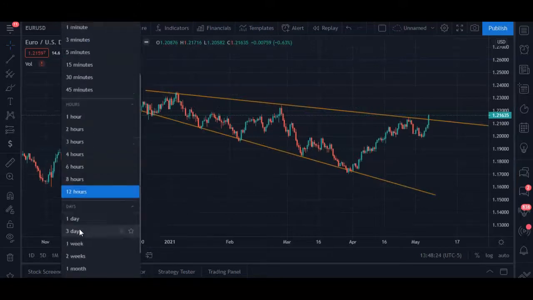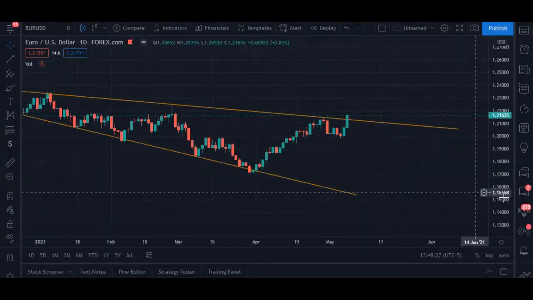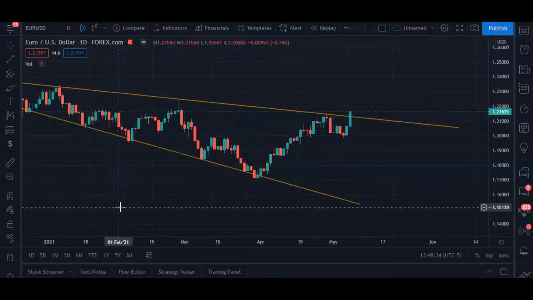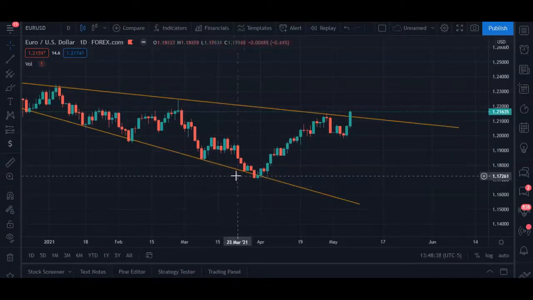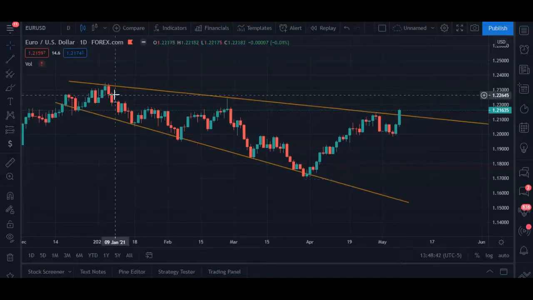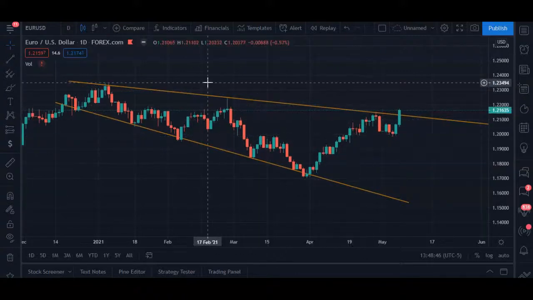I'm going to switch this over to day to day, and we can get a judge of how it looks day to day, which is how I trade. I look at the day chart and see which route it is going to take. And looking at this, it's following this trend.